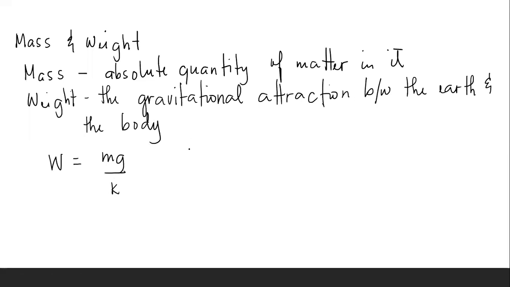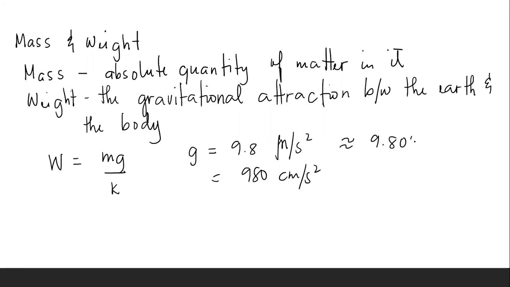But we have the constant value for the acceleration due to gravity. That is 9.8 meter per second squared, 980 centimeter per second squared, since our gravity is 9.8066 meter per second squared, so you have 980.66 centimeter per second squared.